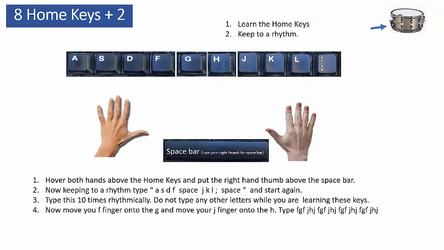Now, learn the home keys. Let's have a look at that. A, S, D, F with the left hand, J, K, L, semicolon, semi with the right hand. Hover both hands above the home keys and put the right thumb above the space bar.